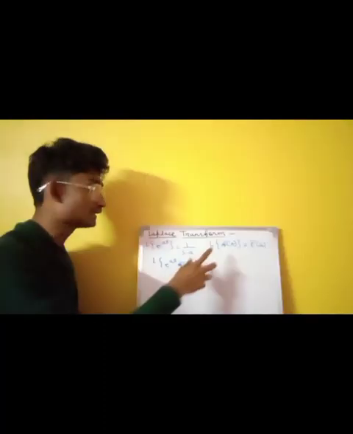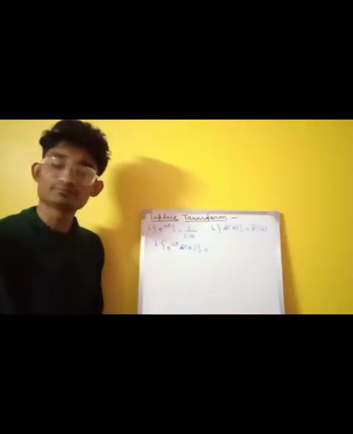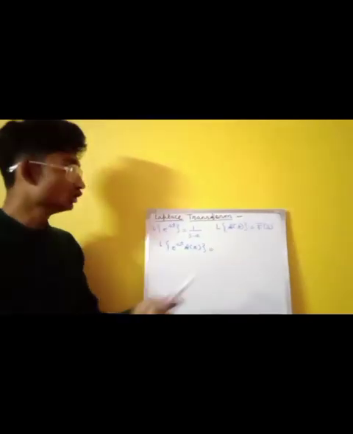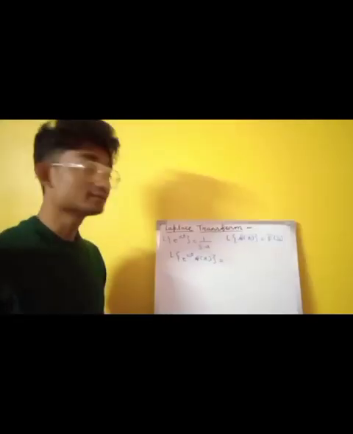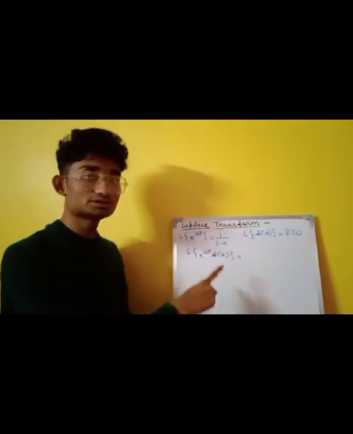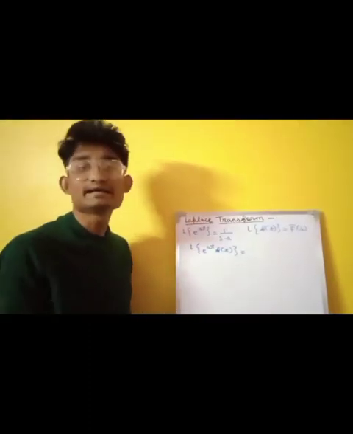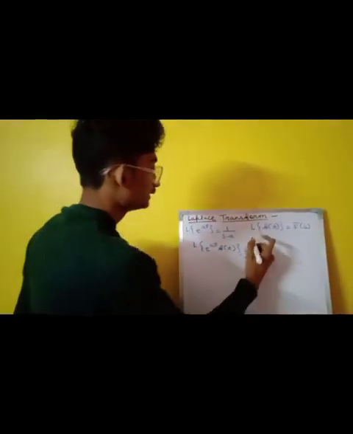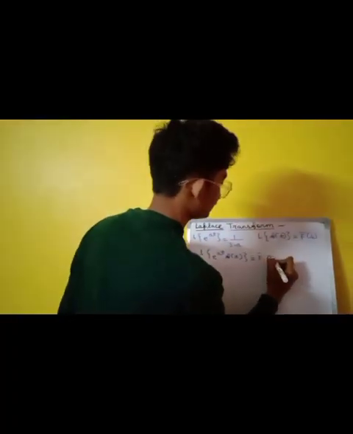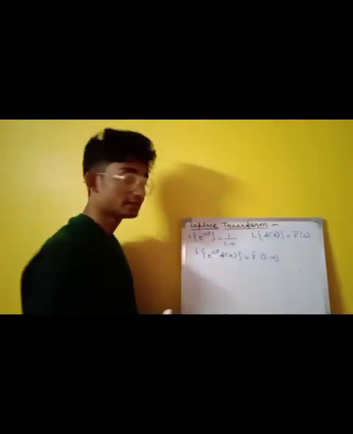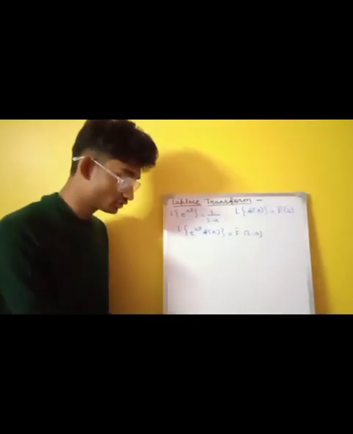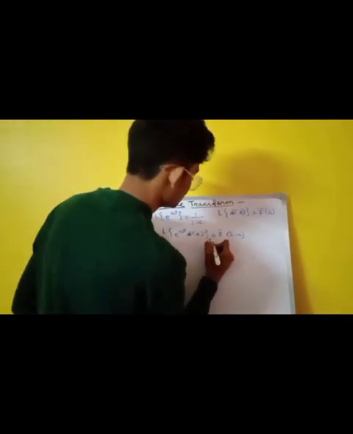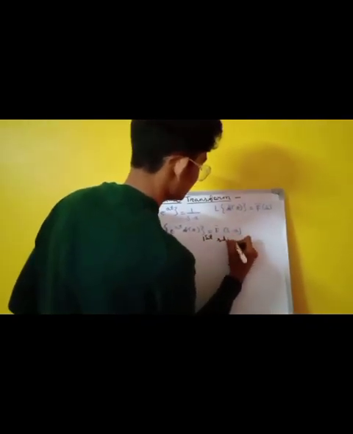If it is f bar of s, then if you multiply any exponential factor e raised to power at, where a is any constant, it will be a function of s minus a. So this property is going to be called the first shifting property.